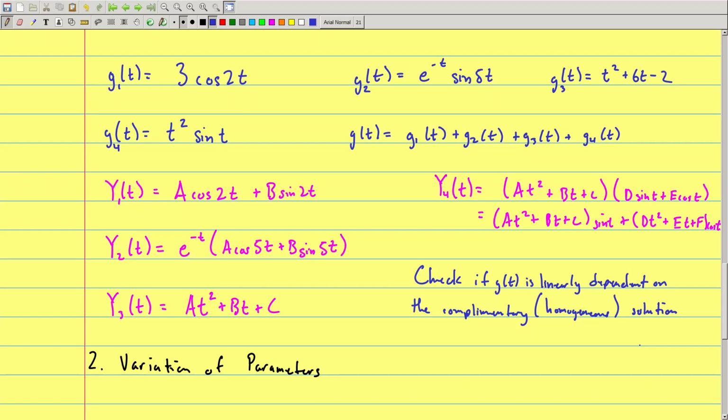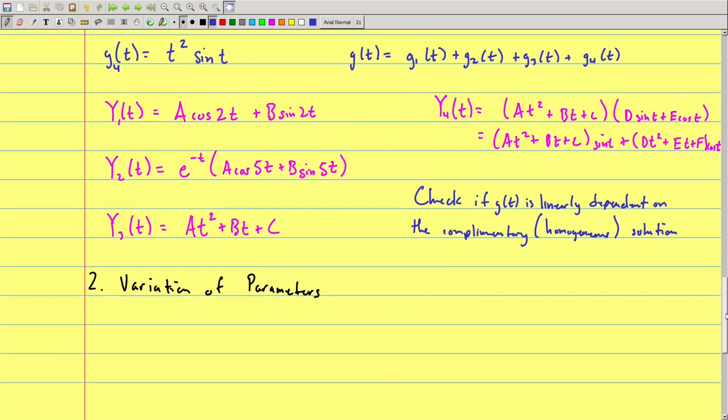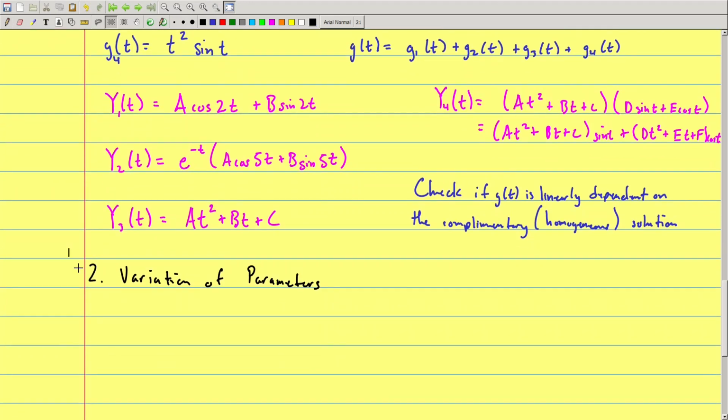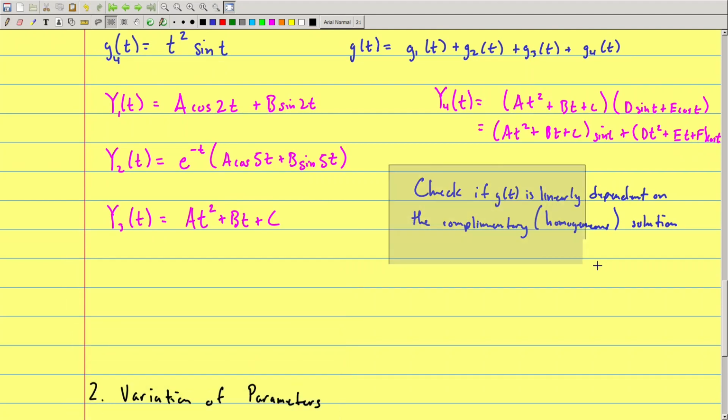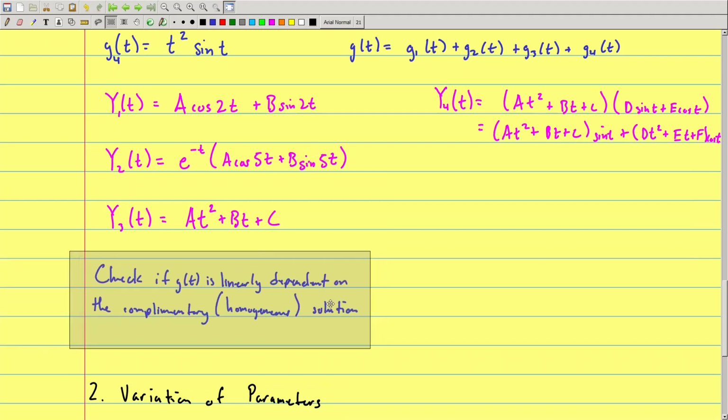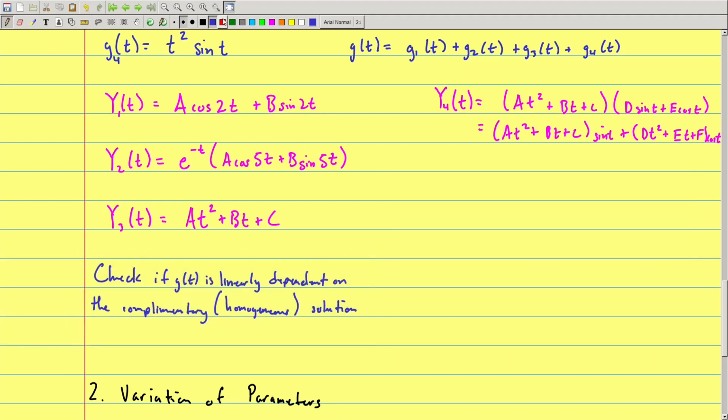Okay? So if it so happens that we have a problem where, say, we have y double prime plus y equals 2 times sine.